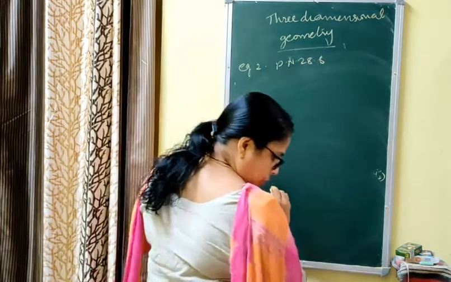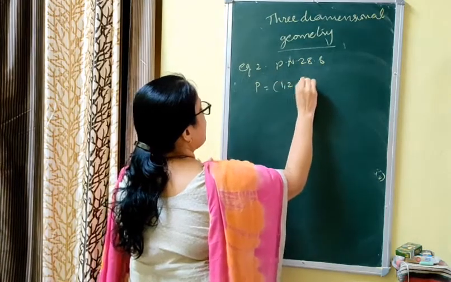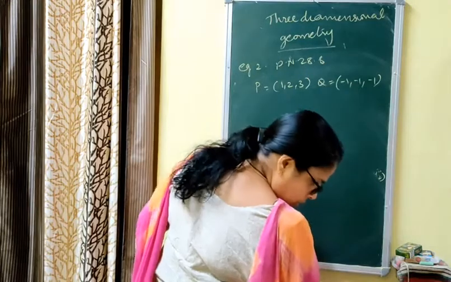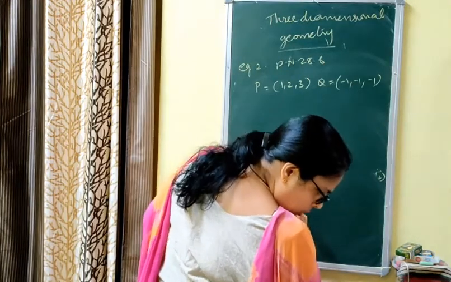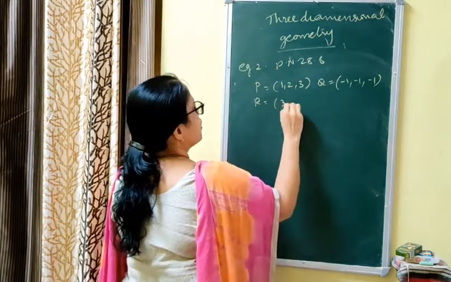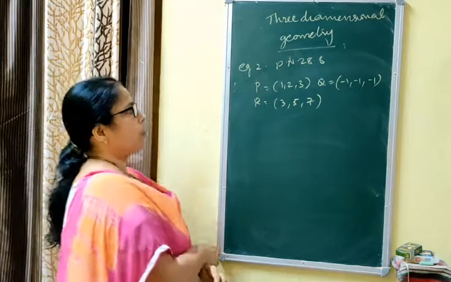You have to prove, using the distance formula, that these three points are collinear.